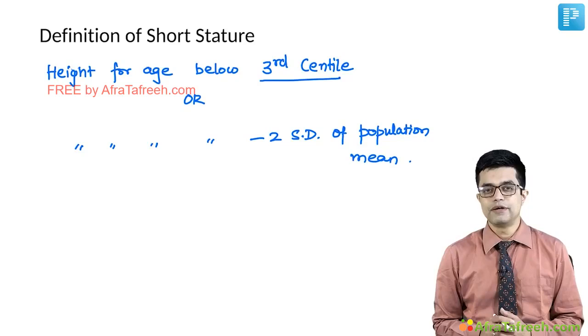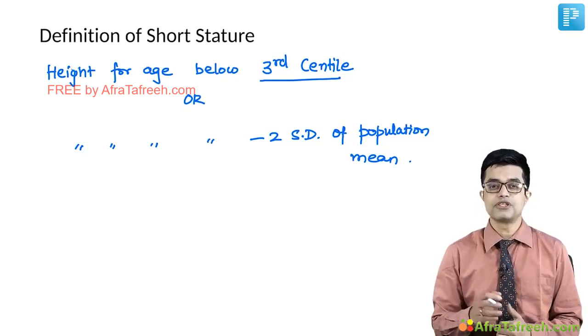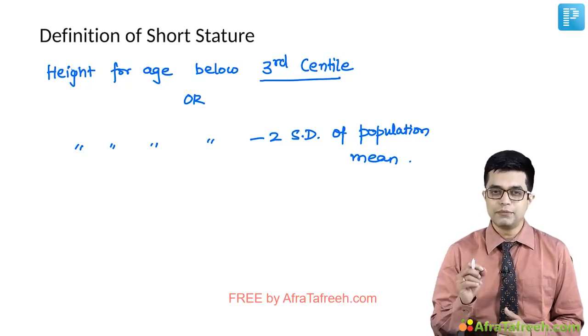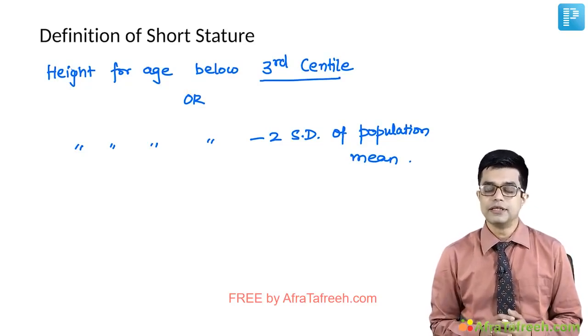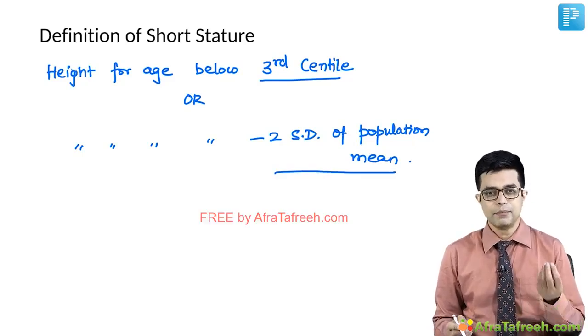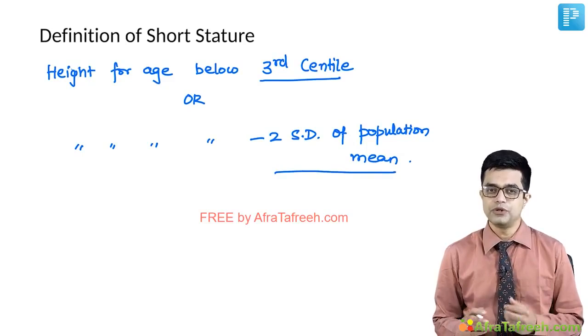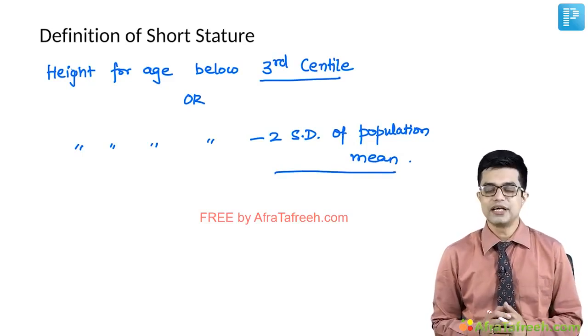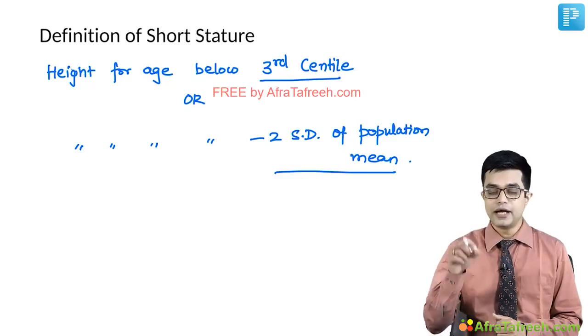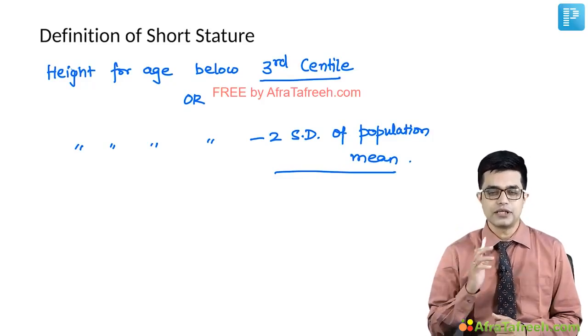On the other hand, if you have a standard deviation or z-score based chart like those of WHO, and you plot, and if it comes below -2 standard deviation curve, then also we call it short stature. So two types of definition exist based upon which chart you are using. Simply by looking at the child, you cannot say this child has short stature. You need to take the height of the child and plot it on one of these charts.